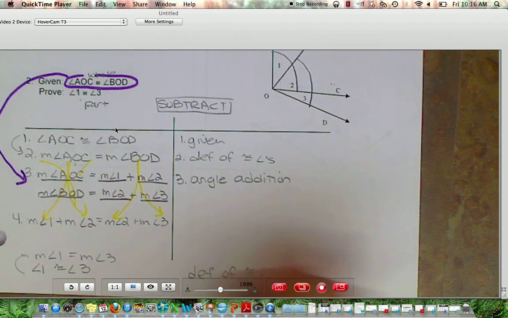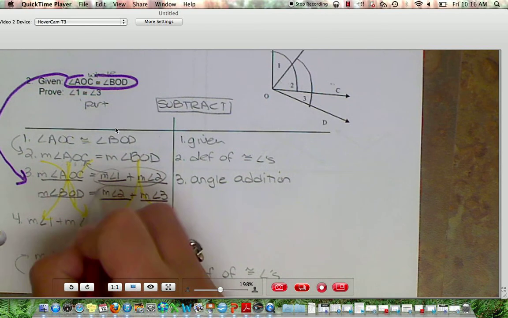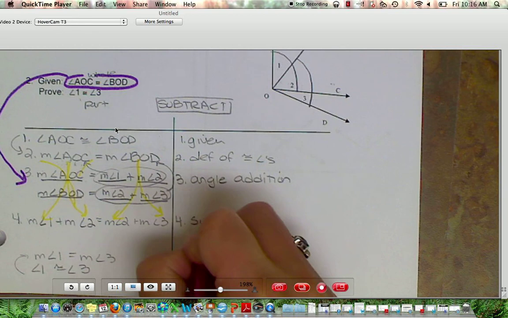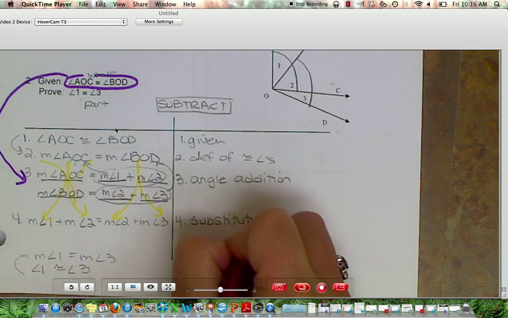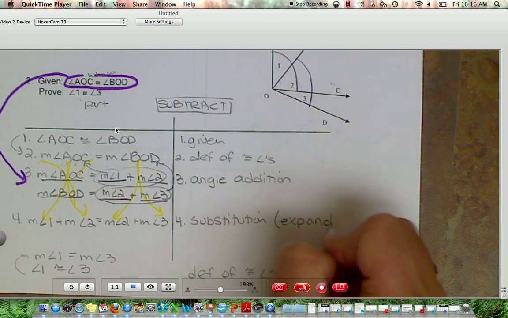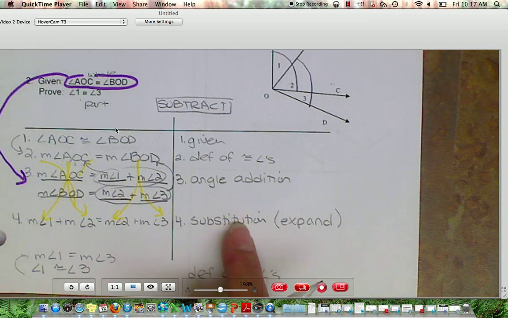And again, what we're really doing is we're putting 1 plus 2 in place of AOC and 2 plus 3 in place of BOD, so that is substitution. And this time is an expansion step, so I'm going to write expand. So if you want to contract two angles into one, you have to use substitution. If you want to expand one angle into two, you have to use substitution.